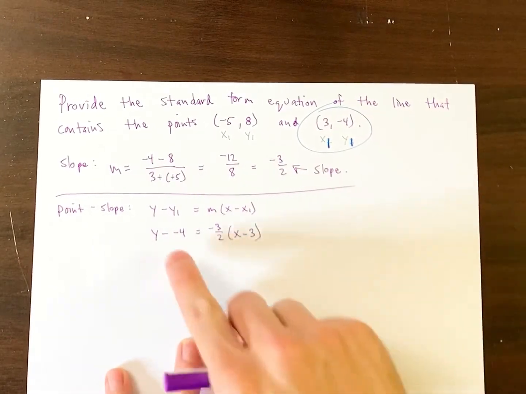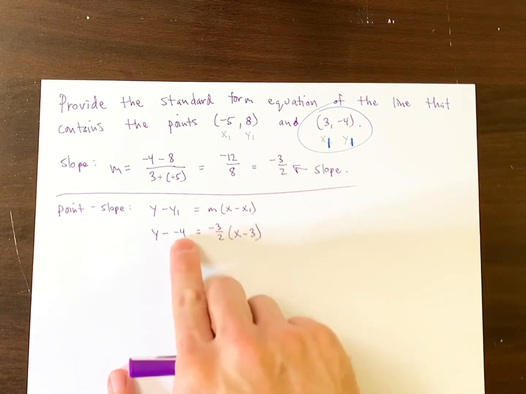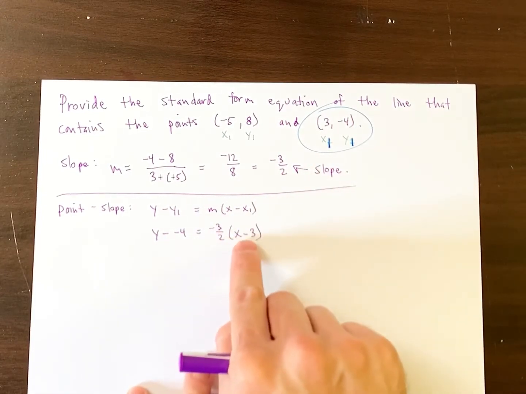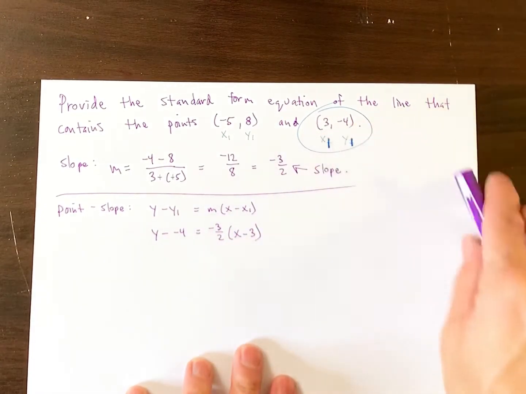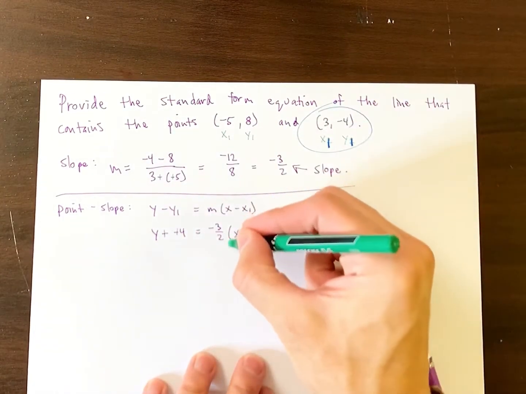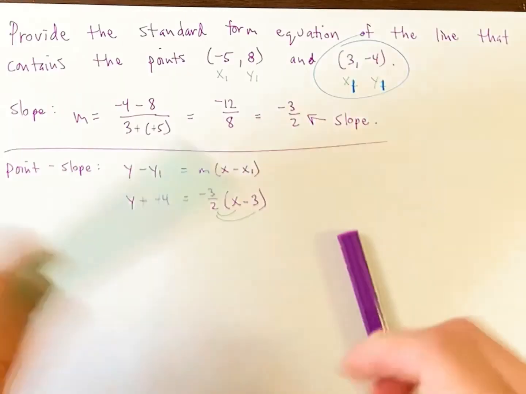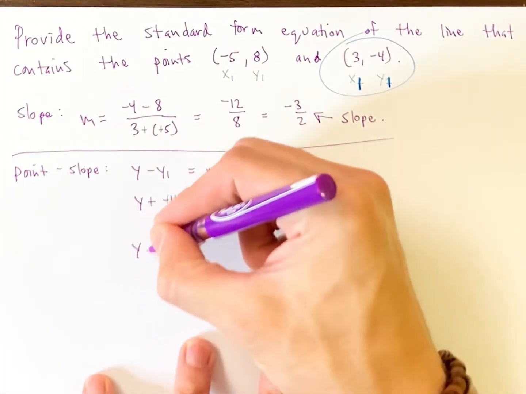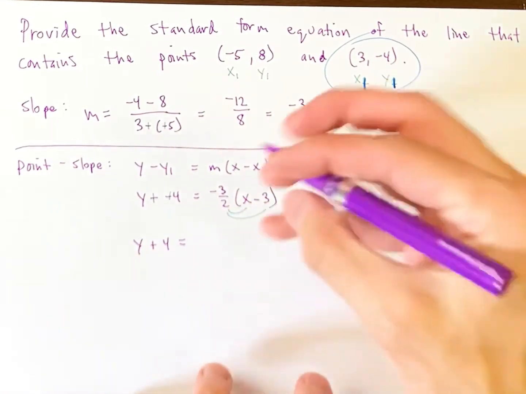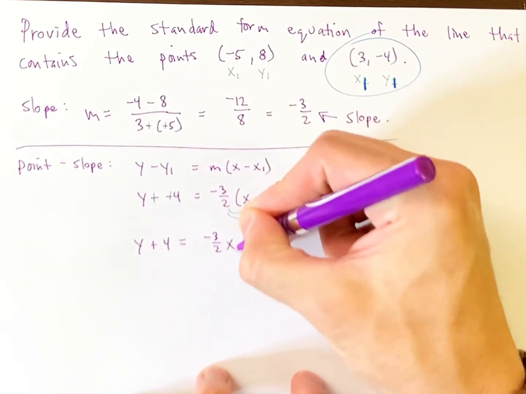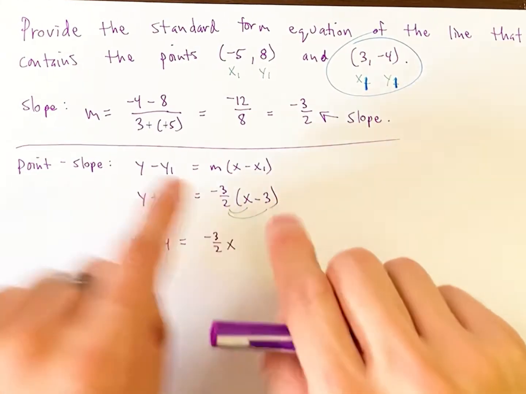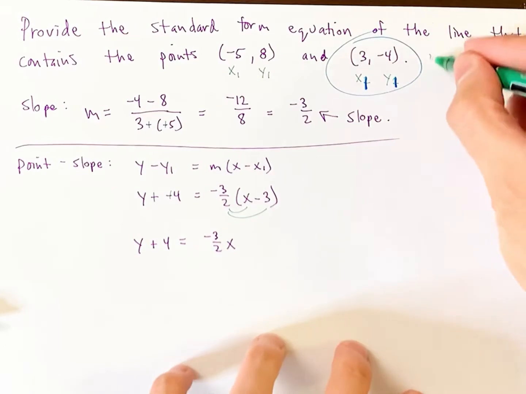So here's what I have: y minus, and then y1 was negative 4. And then the slope goes here, and then it's x minus x1, which is that point there. We can make this double negative positive, and we can also distribute that fraction. So this is y plus 4 equals, that times that is just negative 3/2 x. Now here, this is where I would use a calculator, but I said I wouldn't, so let me do some scratch work off to the side.